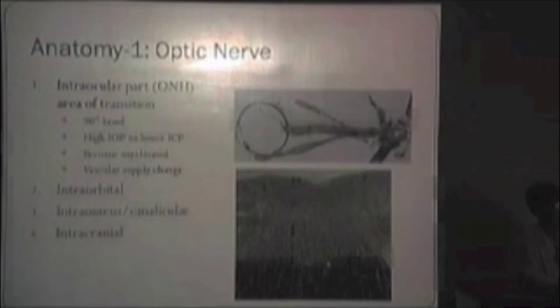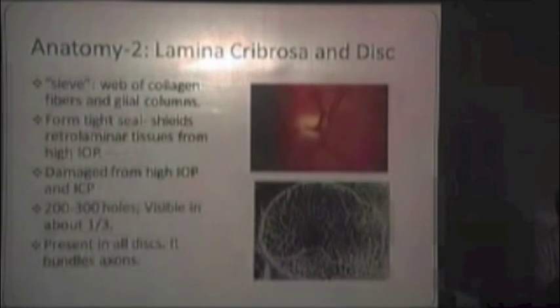So histologically, the intraocular part of the optic nerve has been divided into the prelaminar part, the laminar part, which is the part that's enclosed by the sclera, the scleral opening, and the retrolaminar part, which is myelinated. The lamina cribrosa is another important structure which is visible to us when we look at the optic nerve.